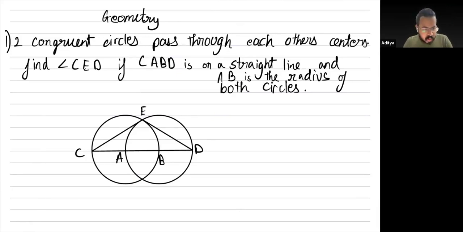In case anyone wants more time, you can put wait in the chat or unmute and you can let me know. Or else I'll start with solving this. Anyone wants me to wait? Okay.